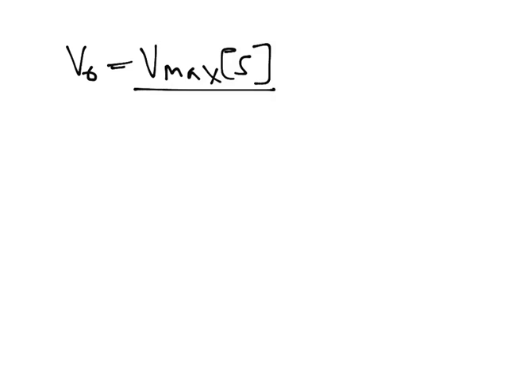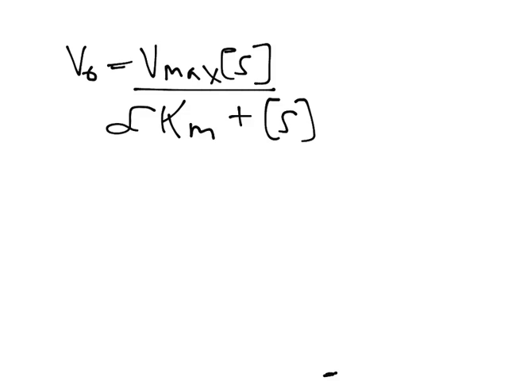Now let's look at how this affects the binding parameters. V0 equals Vmax times the concentration of S over, but now what we're affecting directly is the Km for that enzyme, so I'm going to put alpha Km here, which describes how the Km has been modified.